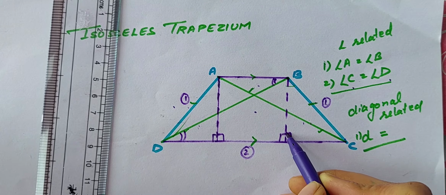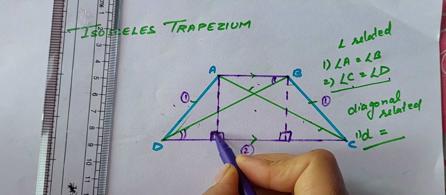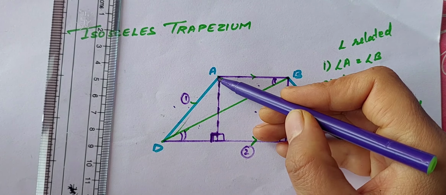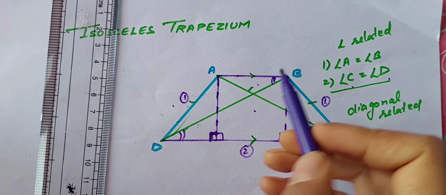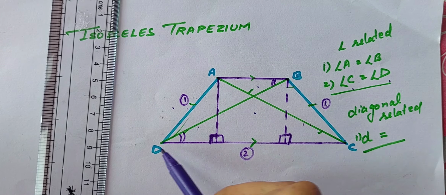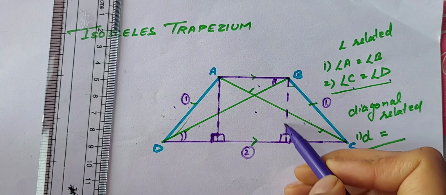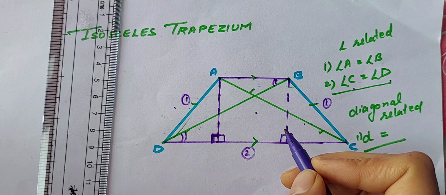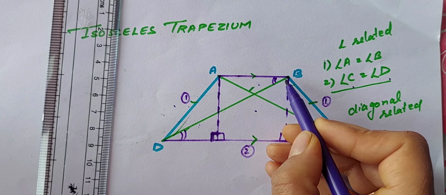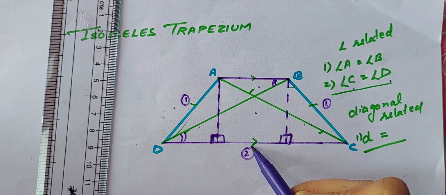When we drop the perpendicular, this angle is 90, this is 90, and this is equal to this. You know why? Because this is parallel to this, so the perpendicular distance between the parallel lines is always the same.